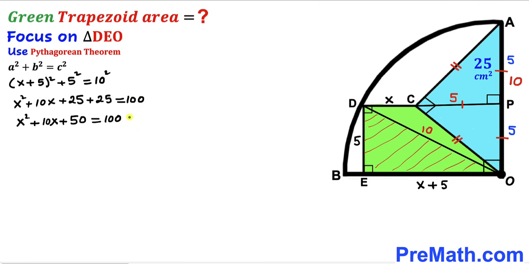And in this next step, I have combined these two like terms, so I got 50 over here. And now we are going to subtract 100 from both sides. This is gone, so therefore we are ended up with x square plus 10x minus 50 is equal to 0.